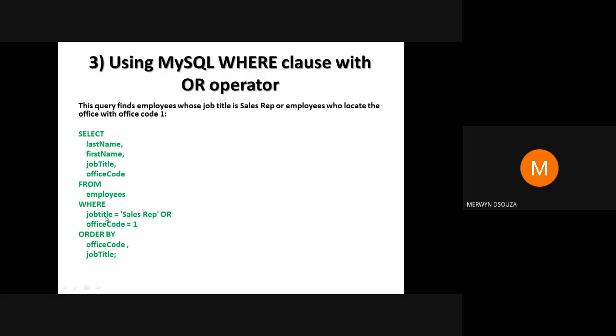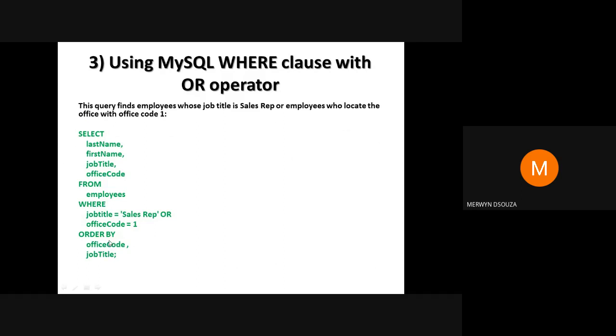Only one of these conditions has to be true: job title equal to sales rep or office code equal to 1. Then we use one more clause here, order by, to sort the data. We sort the data using the order by clause: order by office code and job title.